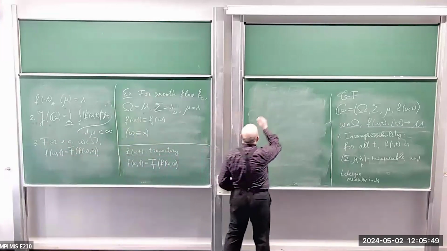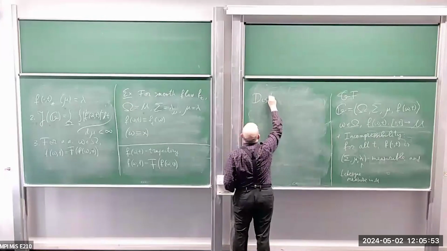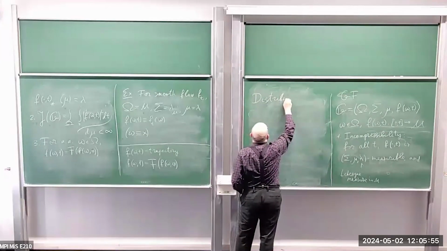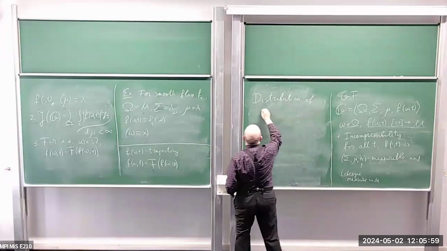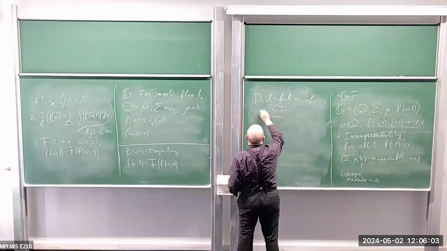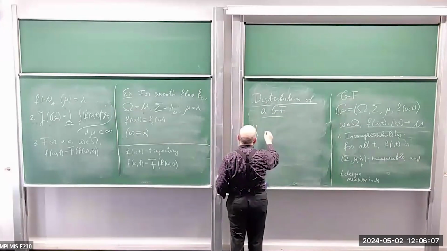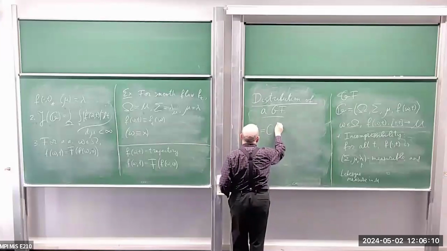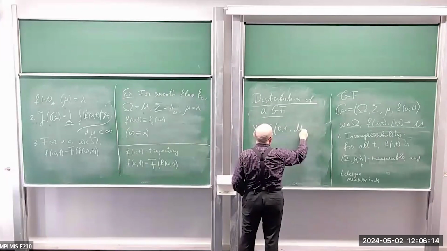And so I want to introduce the distribution of a generalized flow. What is the distribution? Consider the space X, C of 0, 1 with values in n.